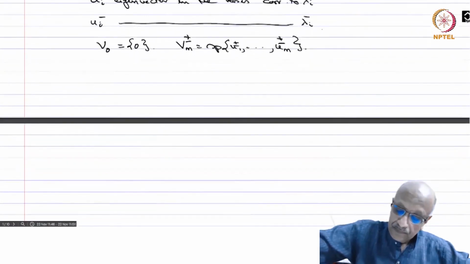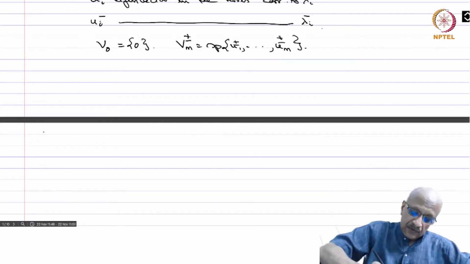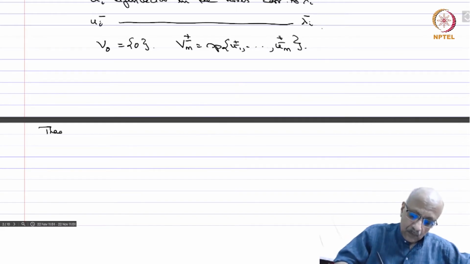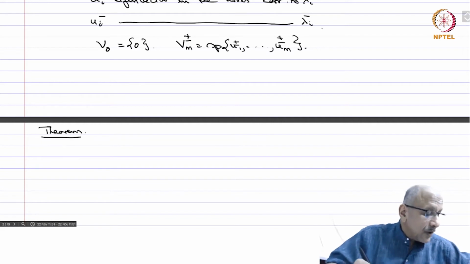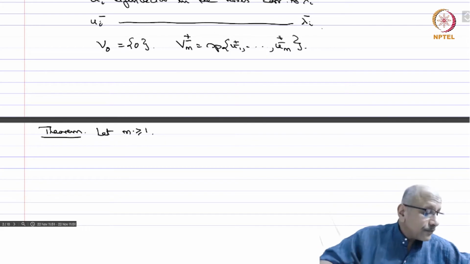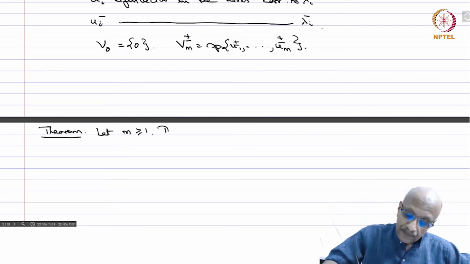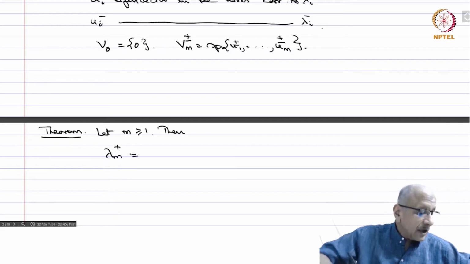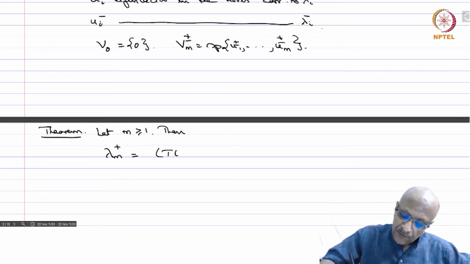So now we have the following theorem. Let m be greater than or equal to 1. Then lambda_m plus will be equal to T u_m plus, u_m plus.